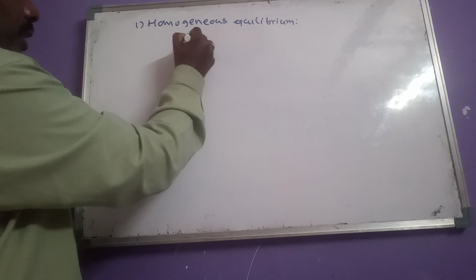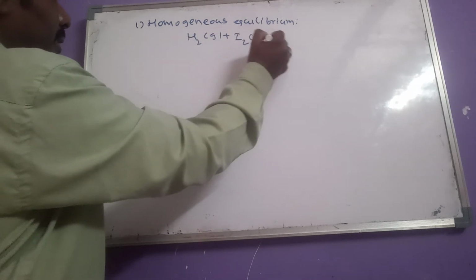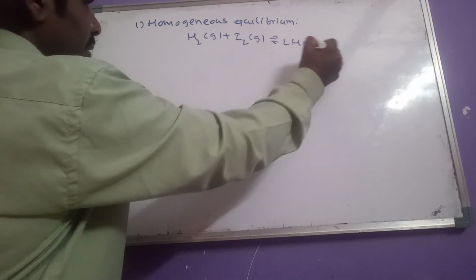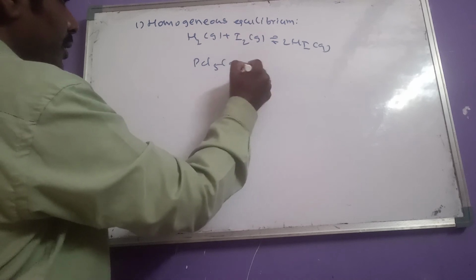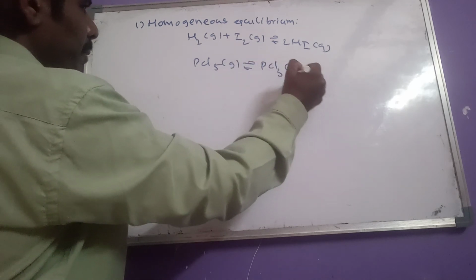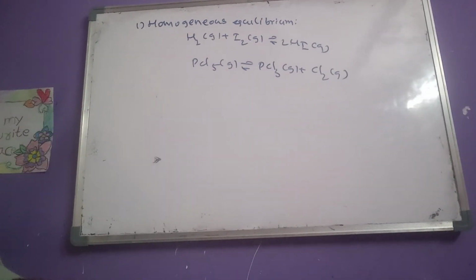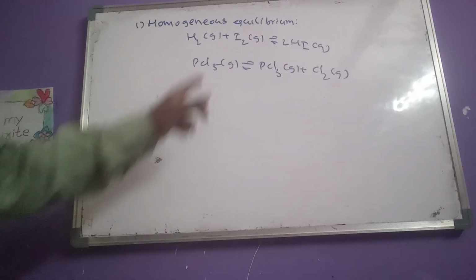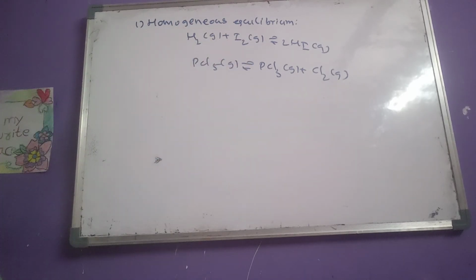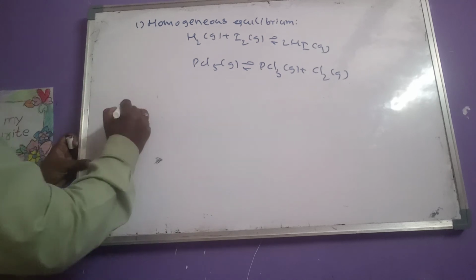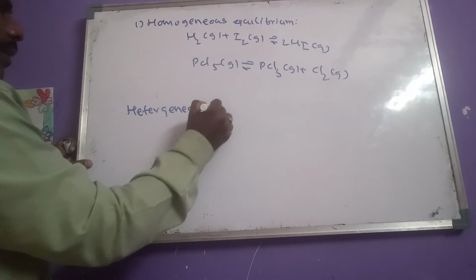So example here: H2 gas plus I2 gas gives 2HI gas, or PCl5 gas gives PCl3 gas plus Cl2 gas. So like that, if both reactants and products are present in the same physical state, that equilibrium is said to be homogeneous equilibrium.